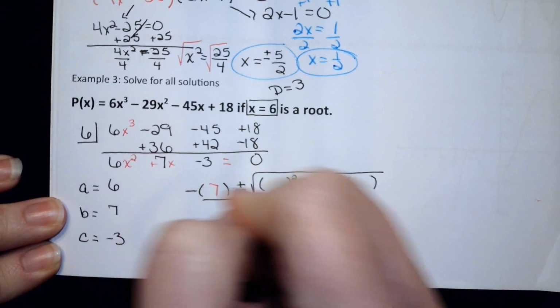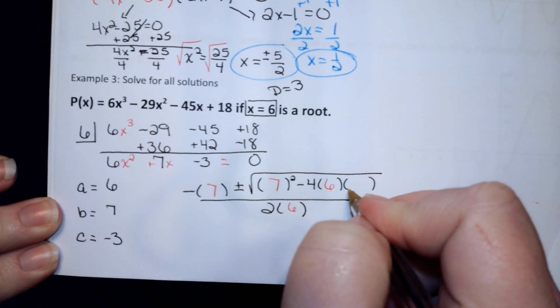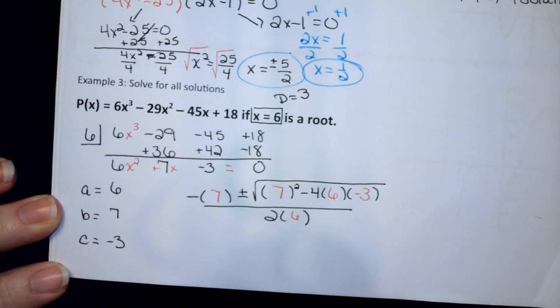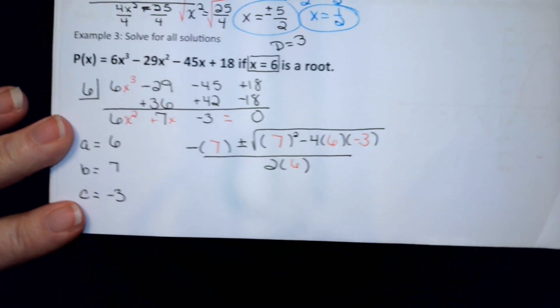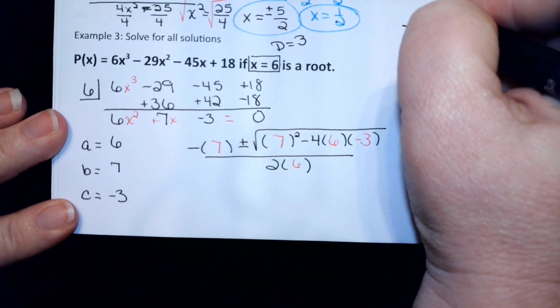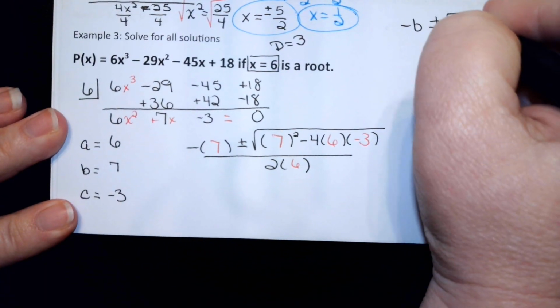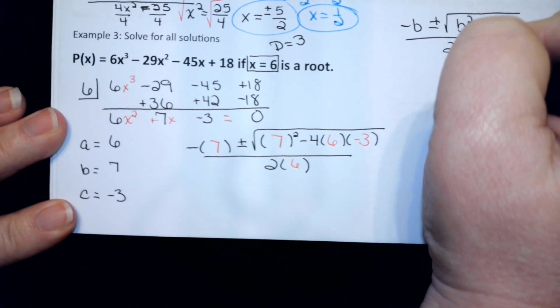So B is 7, A is 6, and C is -3. Again, just for those of you who might have forgotten the formula, negative B plus or minus square root b squared minus 4ac all over 2a.